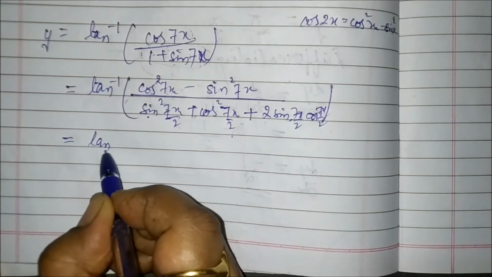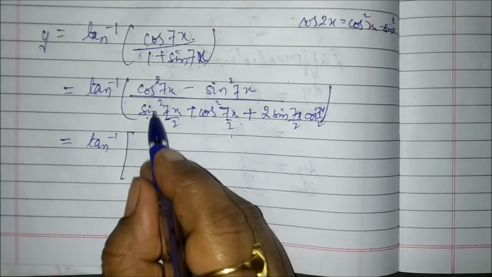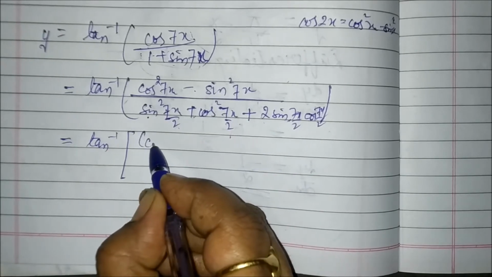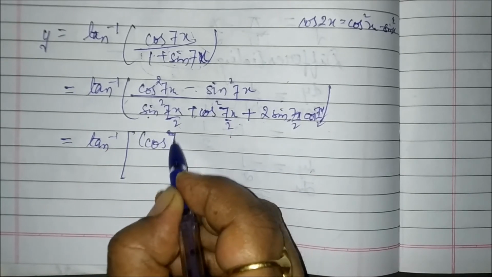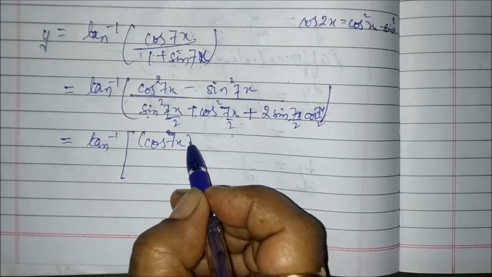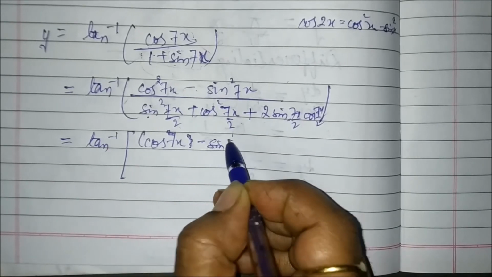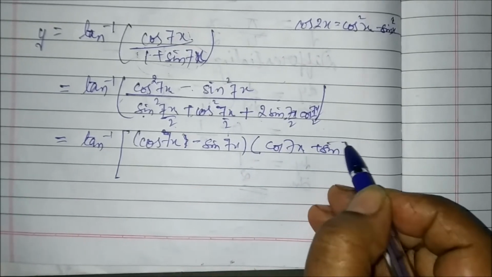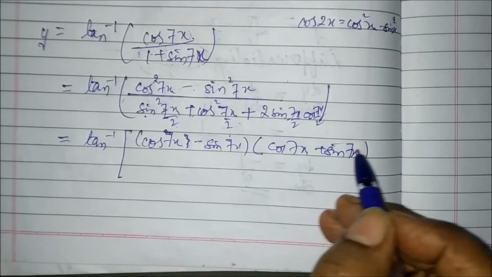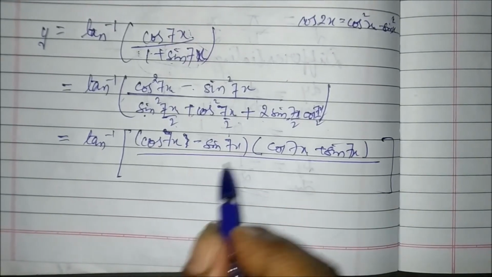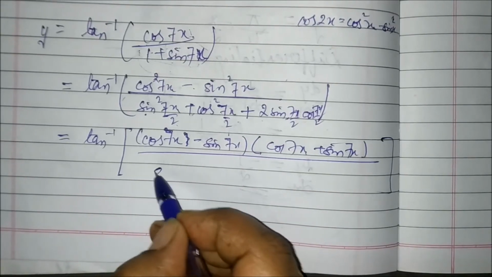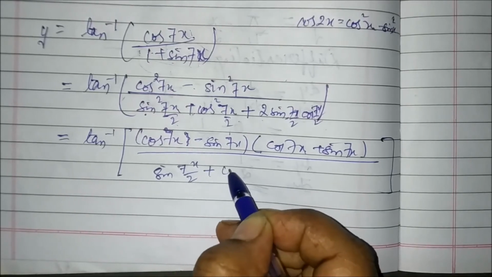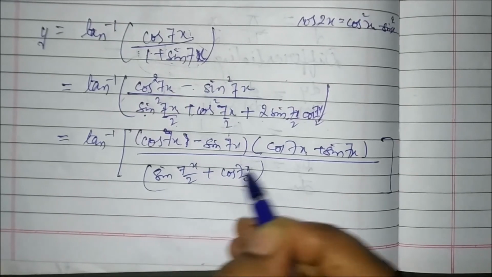Now we have tan inverse. This is split as a square minus b square, so we have a plus b and a minus b: cos 7x by 2 minus sin 7x by 2 into cos 7x by 2 plus sin 7x by 2, a minus b and a plus b. And here it is written as sin 7x by 2 plus cos 7x by 2 whole square.